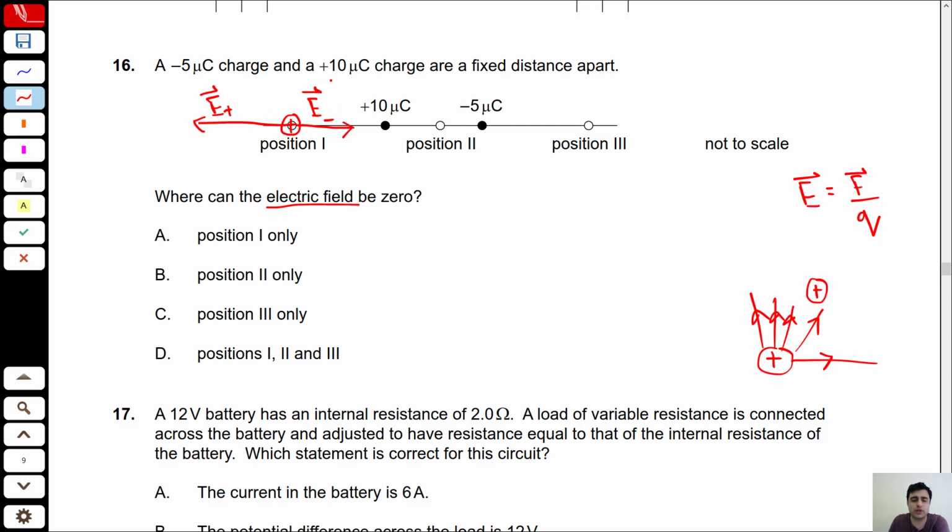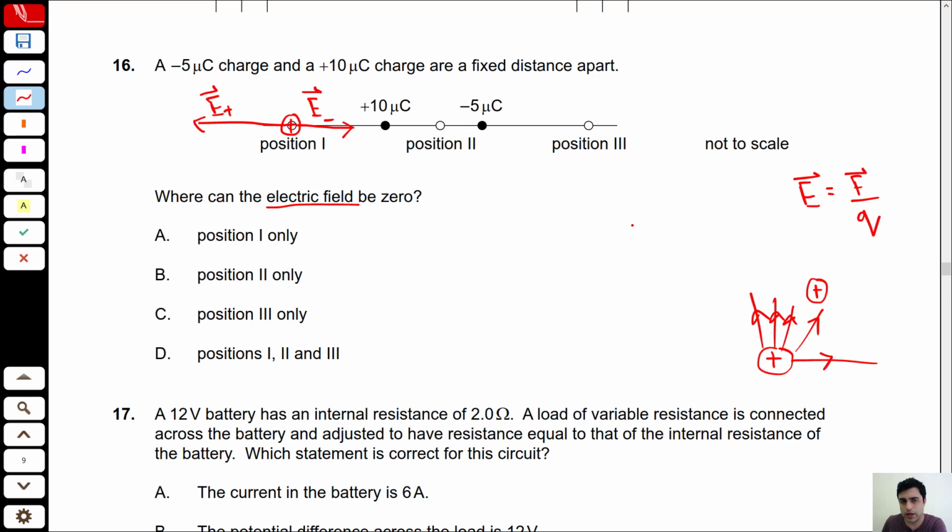Now, what do you think will be the net resultant electric field strength? Why did I draw this electric field strength as smaller? The length of the arrow is equivalent to the magnitude of the electric field strength.